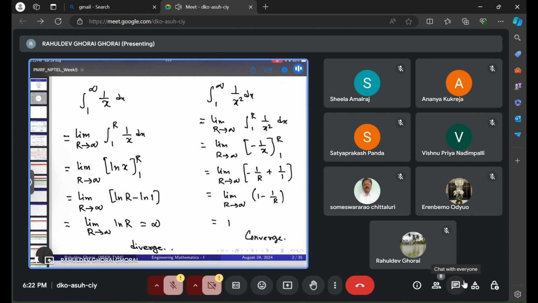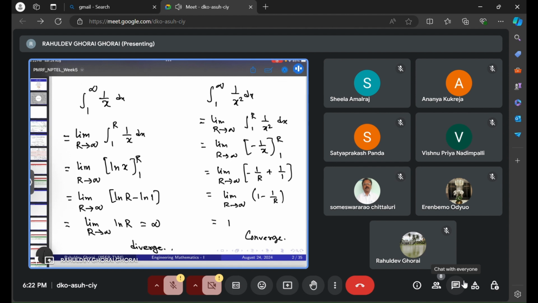See how beautiful it is. You take 1 by x, it diverges, but if you take 1 over x square, it converges. So both are improper integrals.